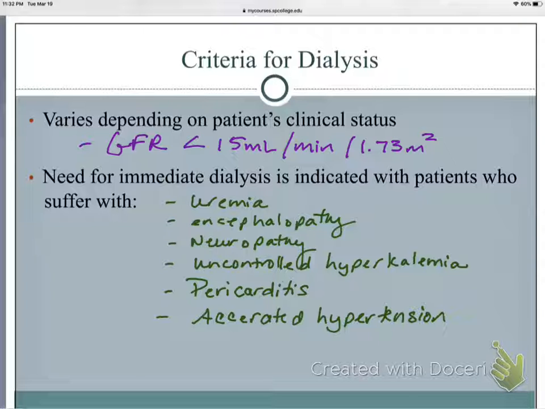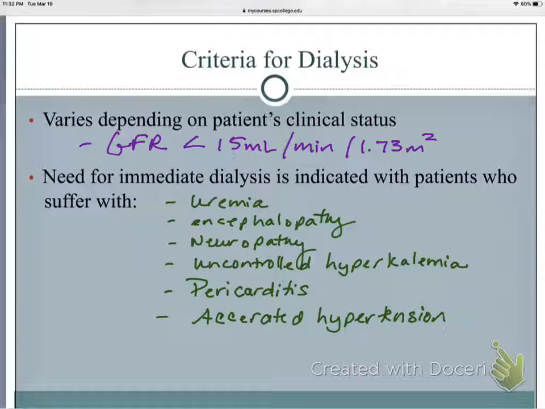Again, this can vary depending on your nephrologist, and the nephrologist usually is following patients until they get to this point. And again, it depends on the clinical picture of the patient, signs and symptoms.